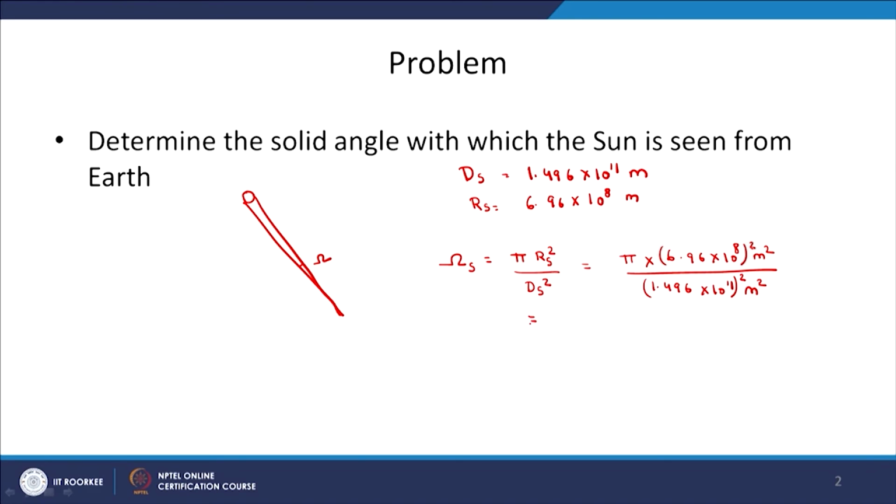When we solve this, the solid angle will be equal to 6.80 × 10^-5 steradian. This is a very small solid angle, and that is why we can assume that all the radiation coming to earth from the sun is coming in the form of parallel rays. That is, it does not have a range of solid angles, it is all coming from the same direction, because the solid angle is small.